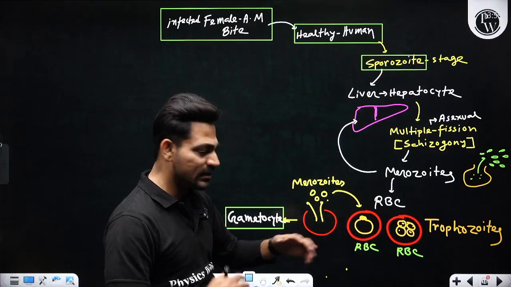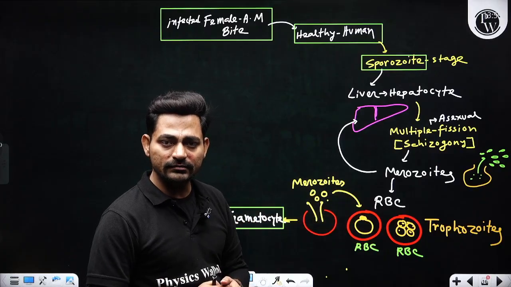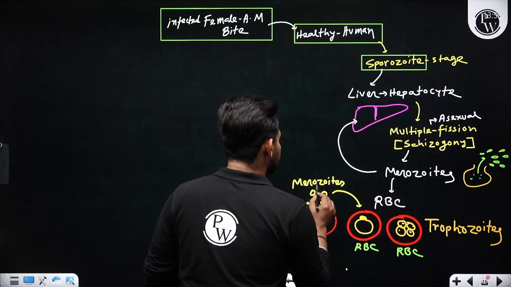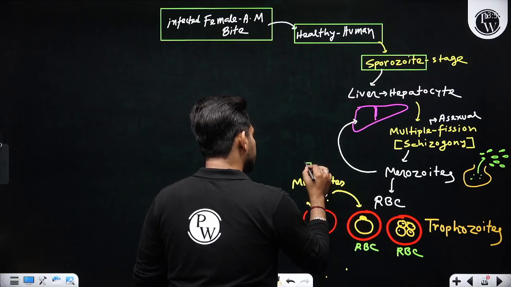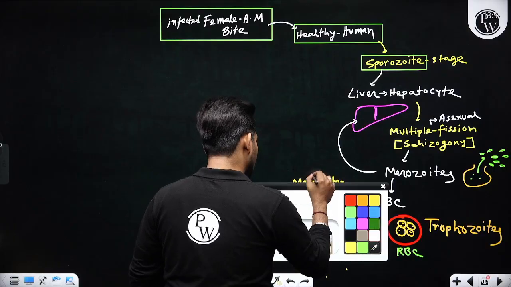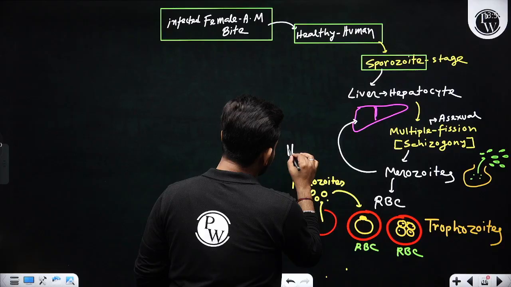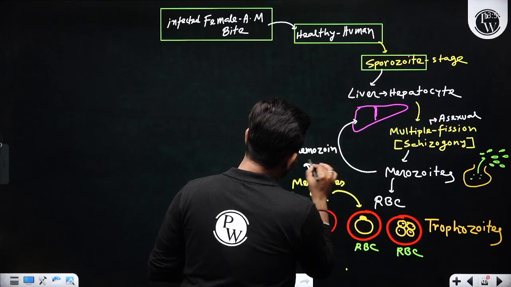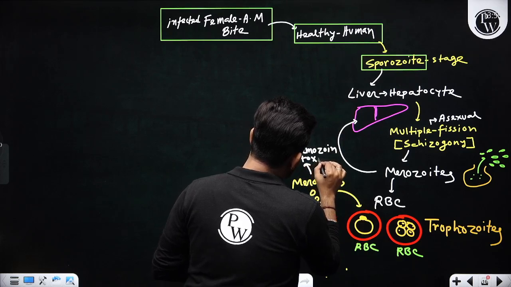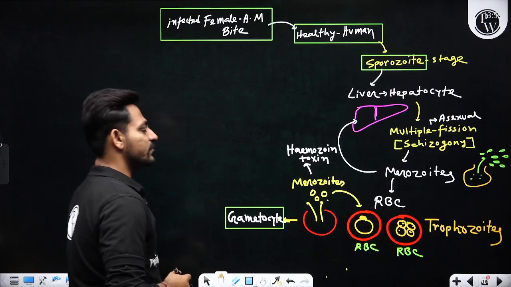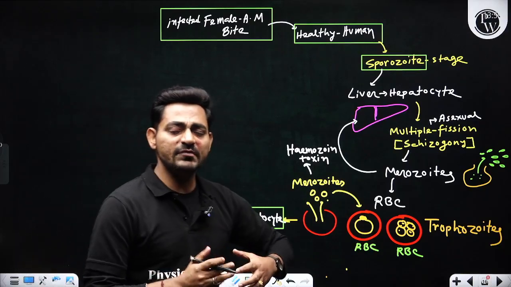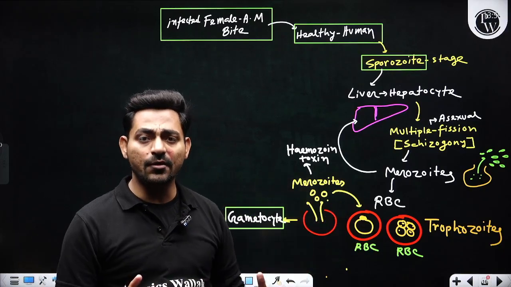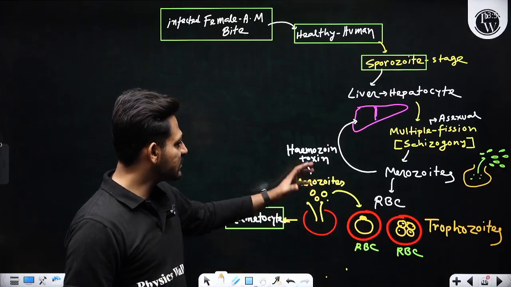Inside the RBC, they are multiplying their number, and when they are bursting and the merozoites are coming out, they are releasing the toxin called hemozoin. And that is responsible for the fever. So every time they are bursting an RBC and coming out as merozoites, they are releasing hemozoin.